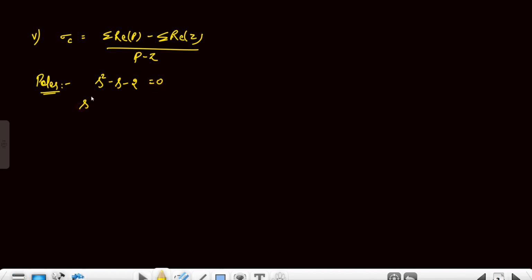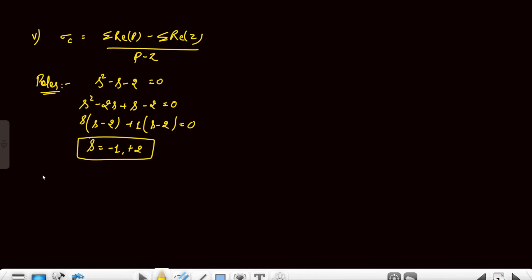Simply we can apply middle term splitting: s² − 2s + s − 2 = 0. So s is common, (s−2), then 1 common, (s−2)... that is, (s−2)(s+1) = 0. So one pole is lying at minus 1 and the other pole is lying at plus 2, and the one zero is lying at minus 3.